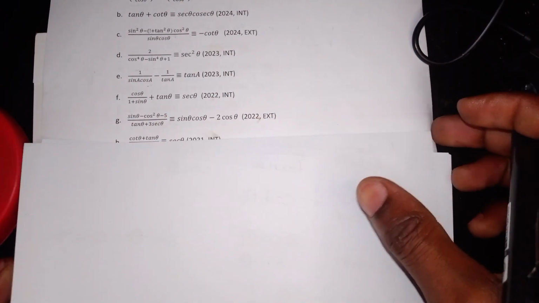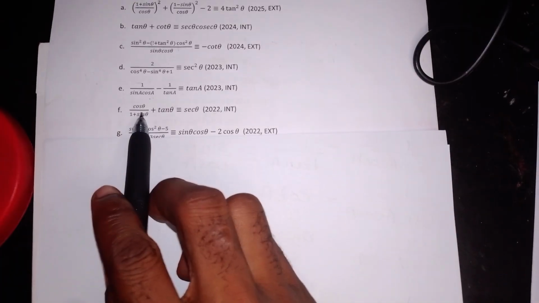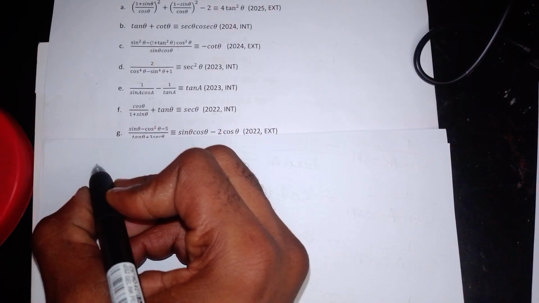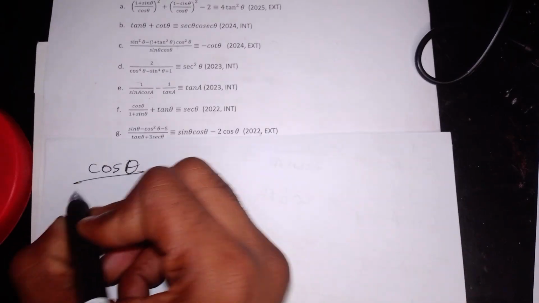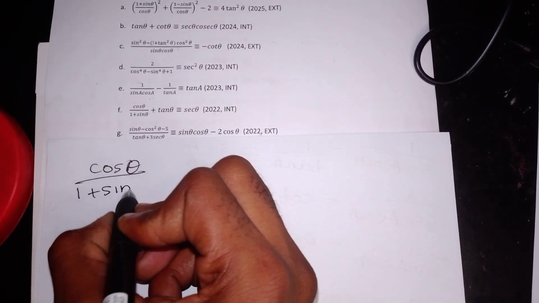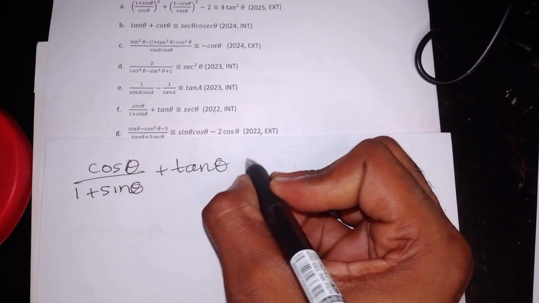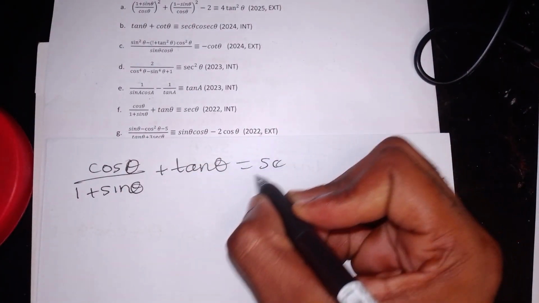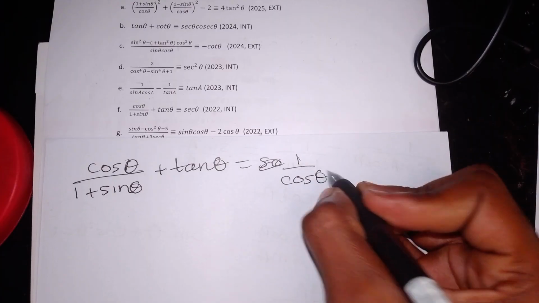And then next we have 2022 internal. So internal 2022, here we have cos theta over 1 plus sine theta, and then plus tan theta is equal to, remember sec is just 1 over cos theta.